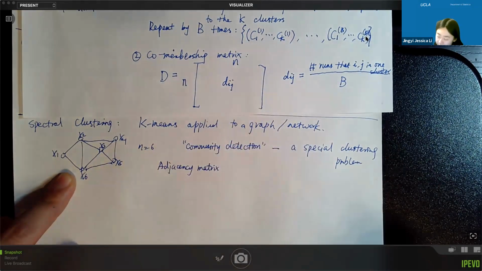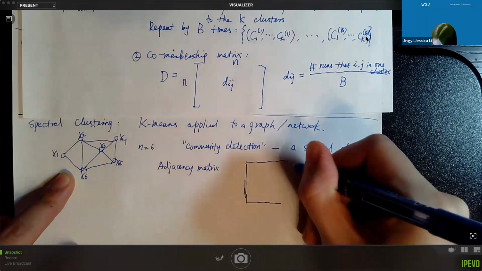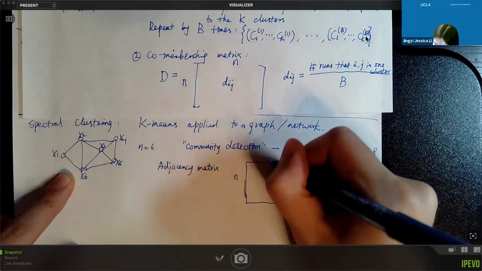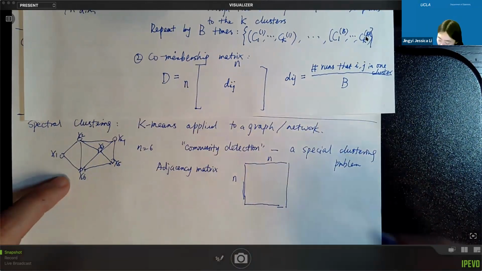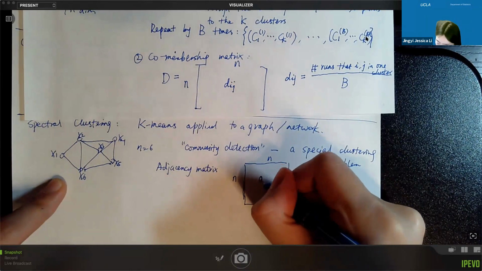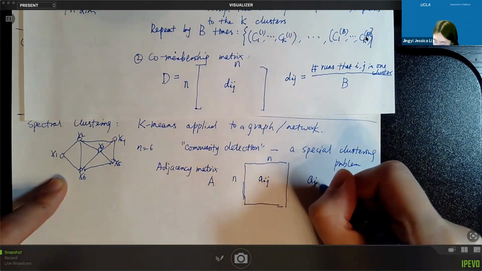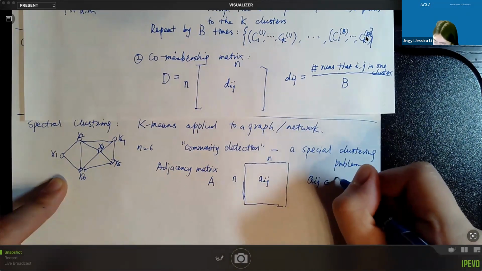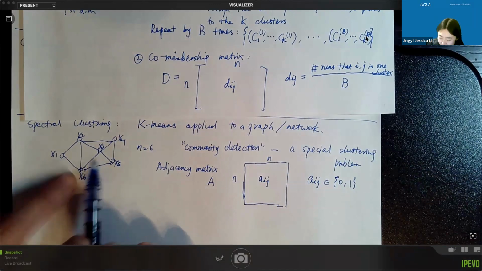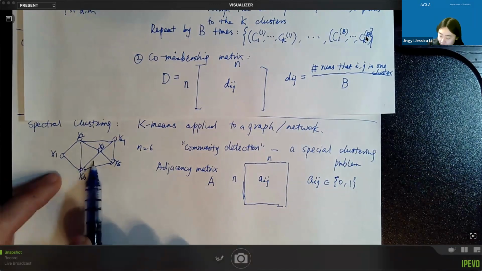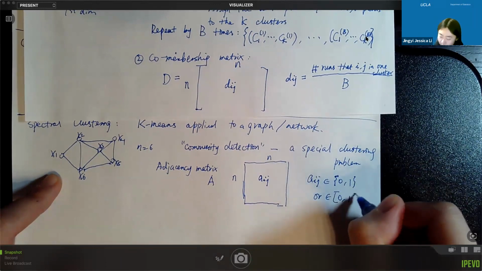The adjacency matrix is an n by n symmetric matrix, standing for the n nodes. I call this A, and the entry is Aij. The Aij is either binary, where 0 means not connected and 1 means connected, or it could be a value between 0 and 1.